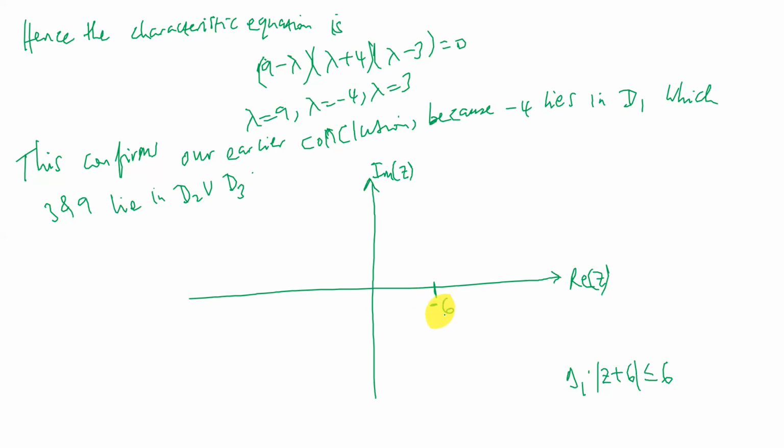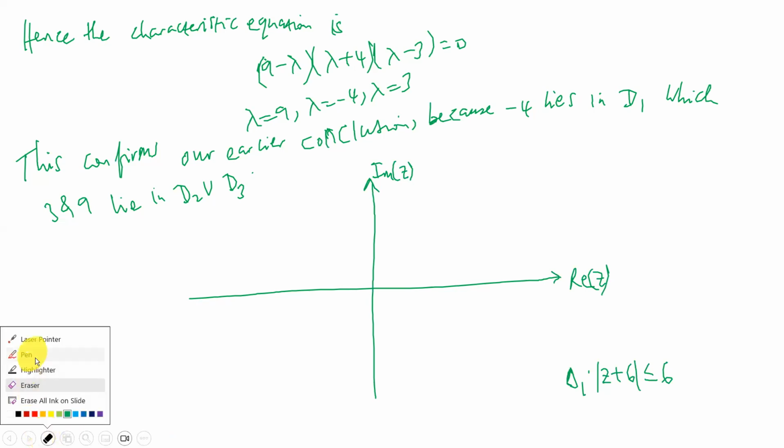If z is equal to minus 6, then you count 6 units. It's a circle you need to draw. I'm doing the wrong thing here, making a mistake. This is minus, so it must be on the other side.